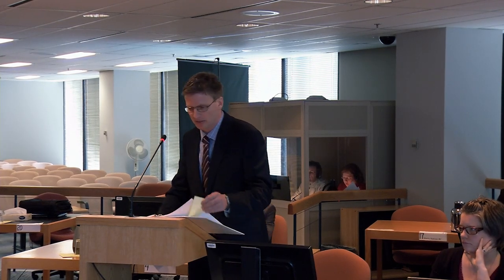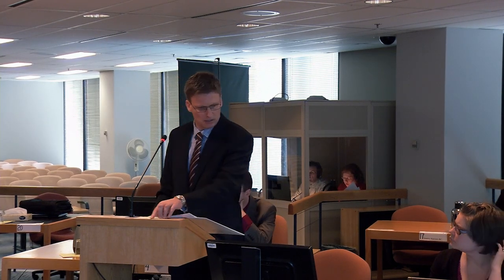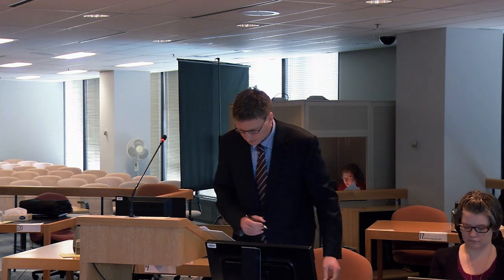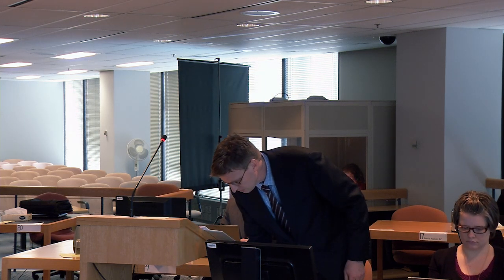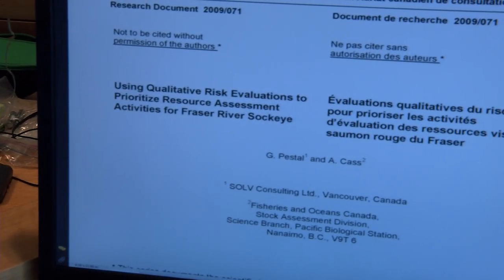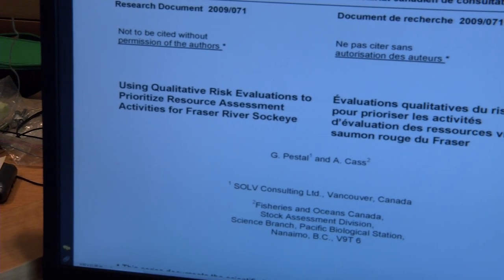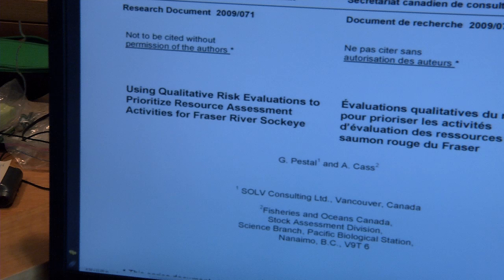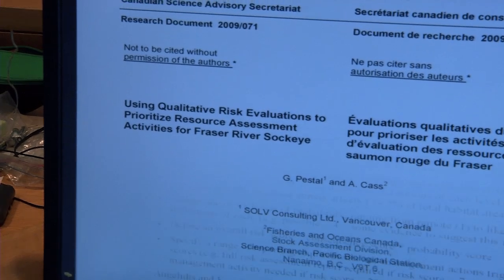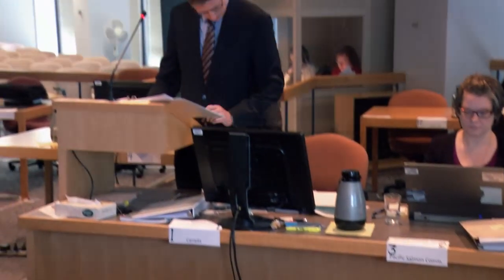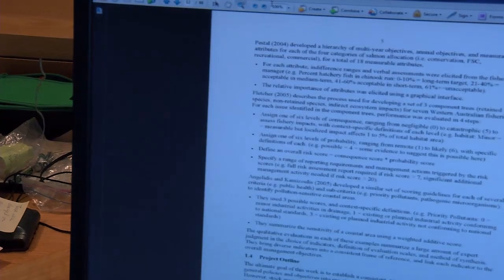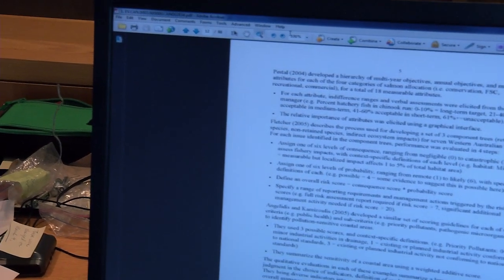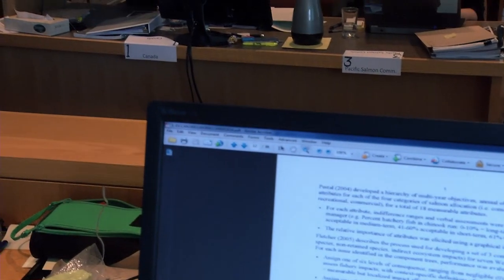Yes, I have. If this could be marked as the next exhibit. Exhibit number 572. If we could turn to page 5 of the report, that's page 12 of 88, on the bottom right. And the bottom paragraph there, section 1.4, project outline.